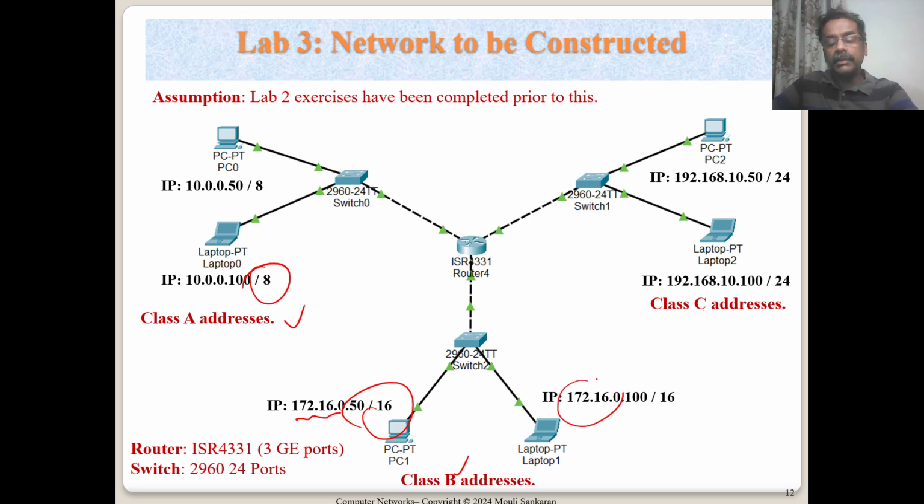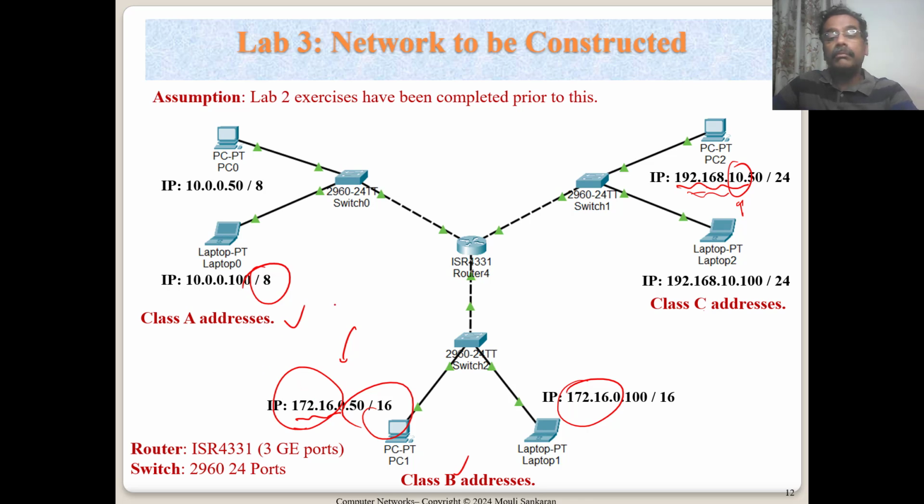Now what are these numbers? These are some standard IP addresses given in class A, class B and class C. We will discuss this later on. Normally 10 is not frozen, it can be something different, but 192.168 is standard. Normally when you log into different networks, if you are logging into a class B address, you will see the network ID portion is 172.16.